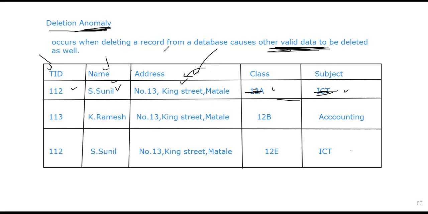Deletion anomaly occurs when deleting a record from a database causes other valid data also to be deleted, right? Hope you guys are clear with this. Okay, done. Now, when it comes to the teacher's ID, name, and address, you no need to delete them, because our focus is to delete the class details because the teacher is not teaching anything now.